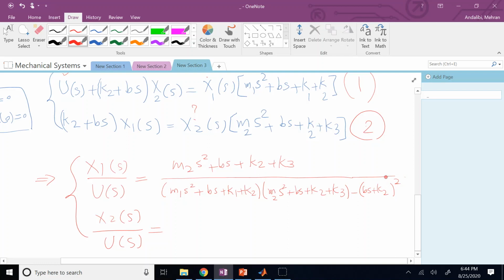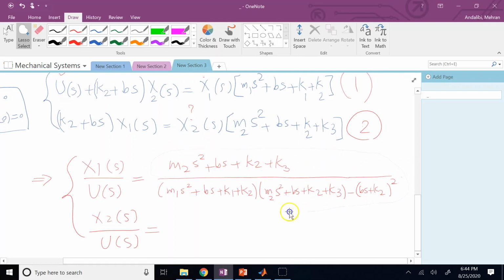Okay, so this is going to be basically the transfer function for x1 over u, and x2 over u is actually very similar. The denominator is exactly the same. The numerator is different.